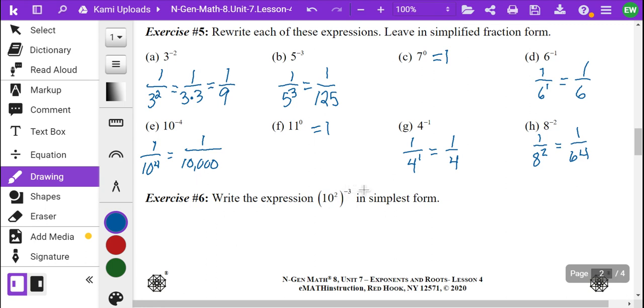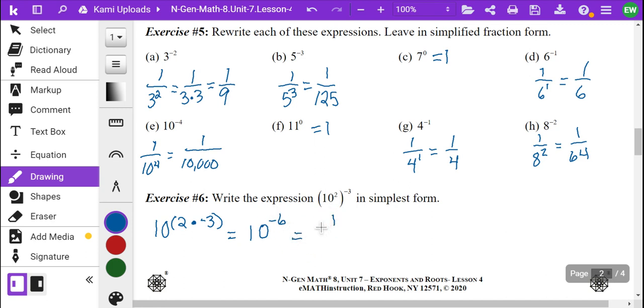So when I have a power of a power, I multiply. So the first step is actually to do 2 times negative 3. So 10 to the 2 times negative 3 power. Then you're going to come up with 10 to the negative 6 power.